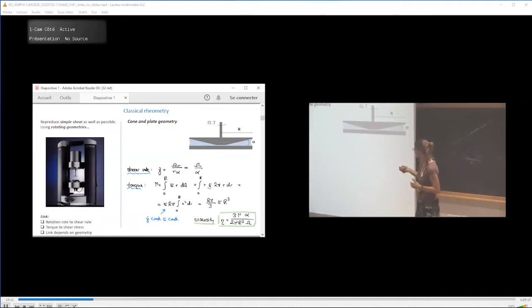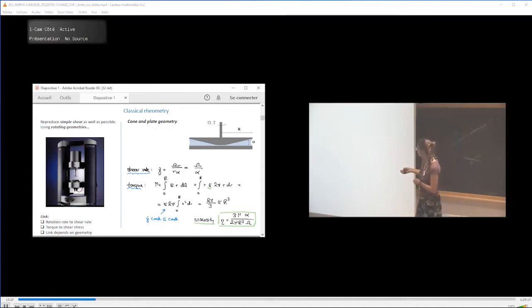The trick is that the flow goes in the plane here, so the shear that you need to imagine is flow in the plane of this plate, sheared over the height of the gap. If you move outwards, your velocity of rotation increases linearly with the radius, but at the same time, your gap also increases linearly with the radius.